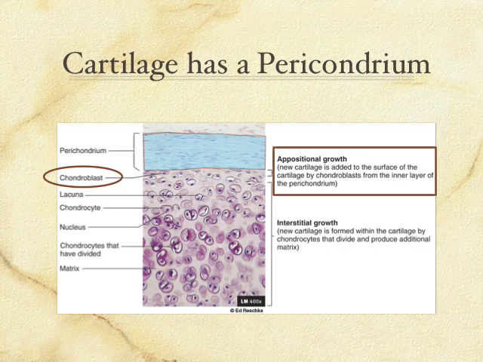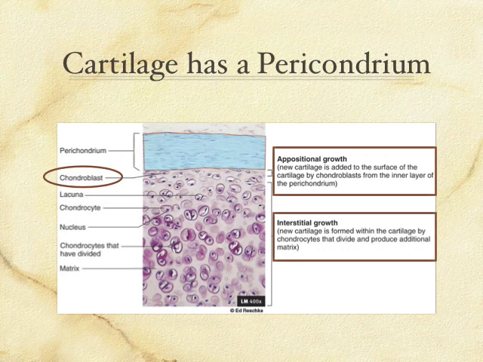But what's interesting about cartilage, too, is that it doesn't just grow by adding more ground substance at the surface. That can actually happen down inside, what they call interstitial growth. New cartilage is formed within the cartilage as chondrocytes divide and produce additional matrix. So you can make cartilage swell from the inside out. Bone does not do that because it's hard and mineralized and calcified.